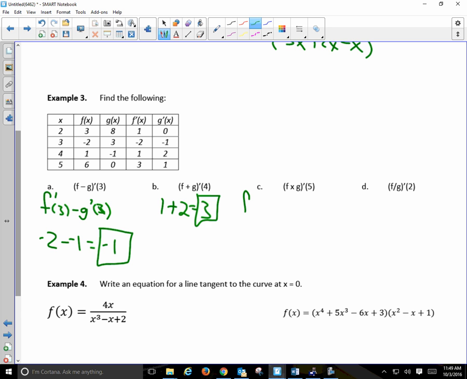The product rule says you take f prime of 5 times g of 5 plus g prime of 5 times f of 5.